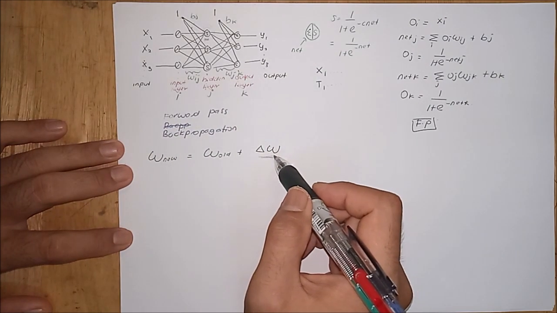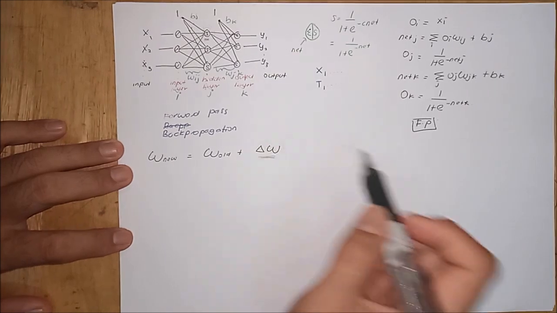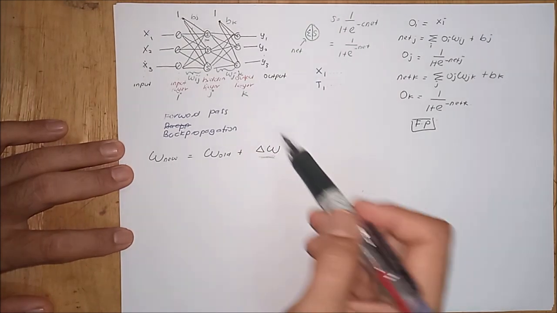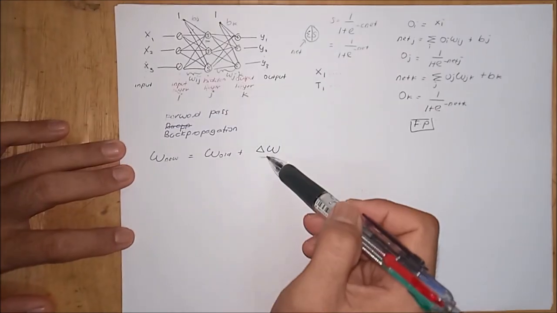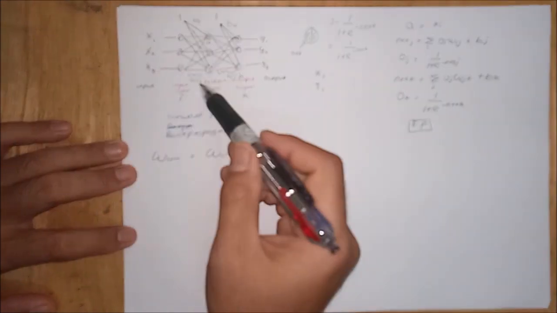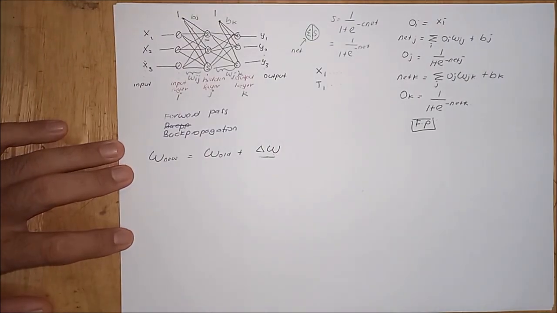Only for this particular case, our delta W will be constituted from two layers. The first one is delta WJK, and the second one is delta WIJ.